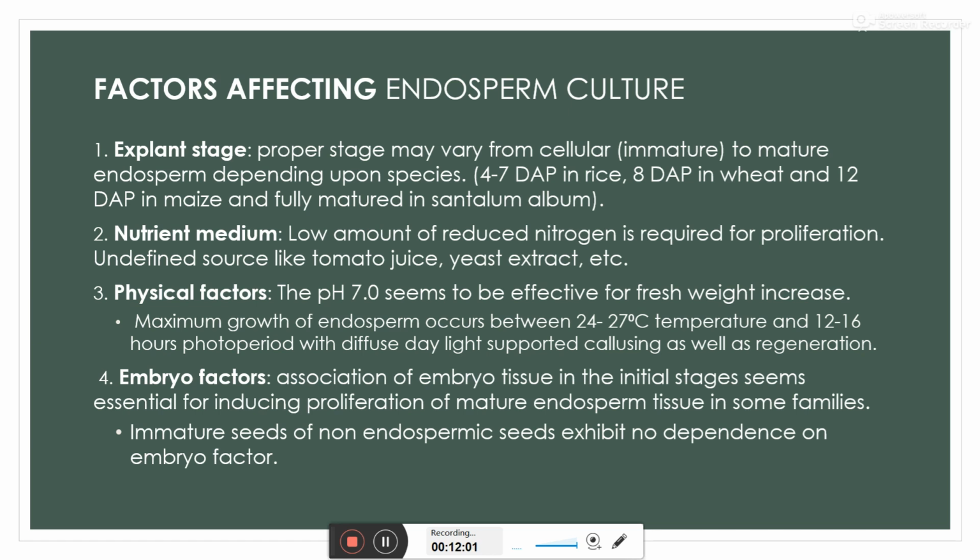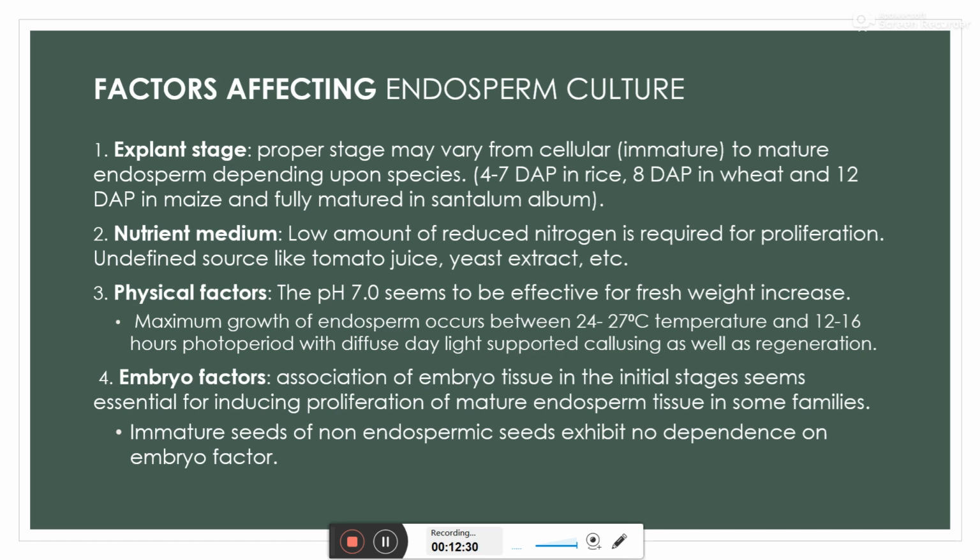Then the last one is embryo factors. That is, association of embryo tissues in the initial stage seems to be essential. We already discussed this earlier: in some cases embryo tissue is also necessary for the proliferation or differentiation of endosperm in the early stages. The same thing is discussed here. Immature seeds of non-endospermic seeds exhibit no dependence on the embryo factor.